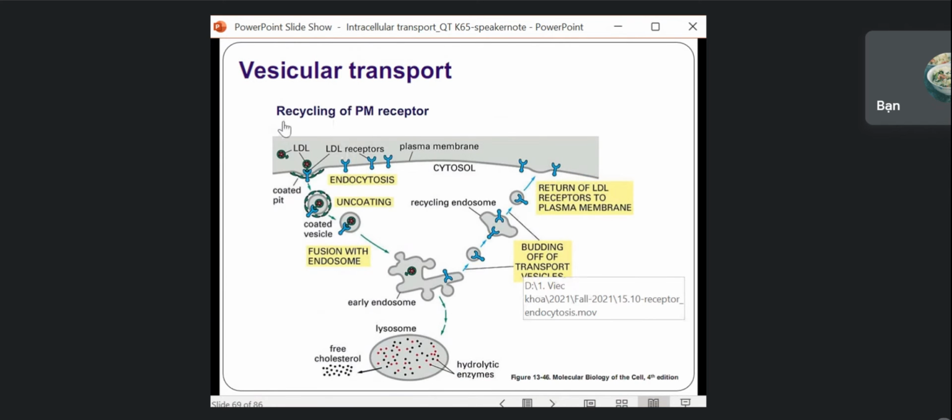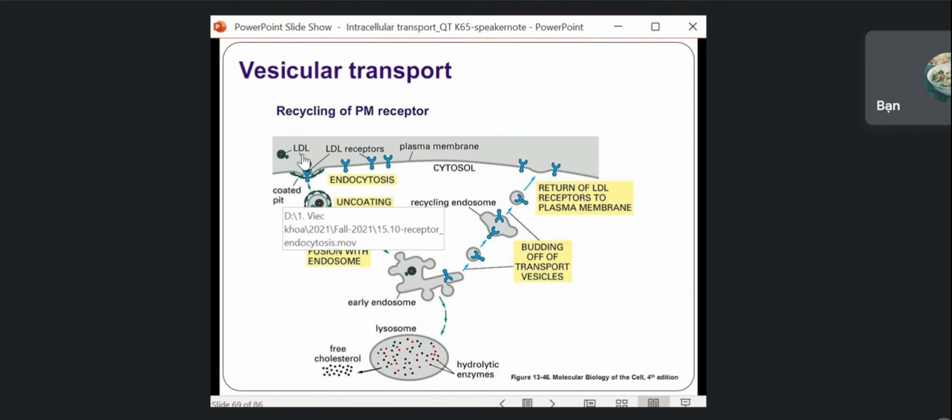So here is one example of recycling plasma membrane receptor. This is an example of the transport of the LDL molecule. LDL stands for low density lipoprotein.